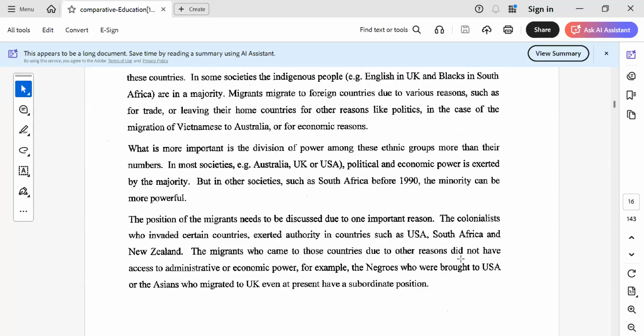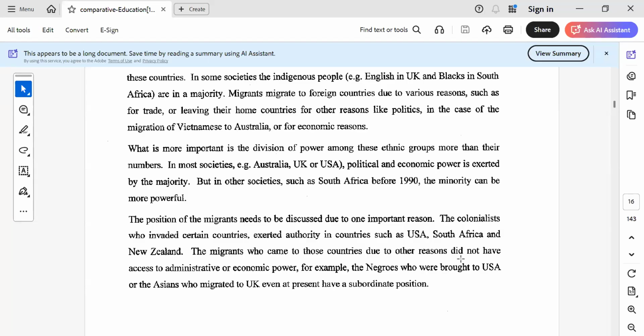The position of the migrants needs to be discussed due to one important reason. The colonialists who invaded certain countries exerted authority in countries such as USA, South Africa, and New Zealand. So here they have selected 5 countries and are talking about population, ethnicity, and so on.